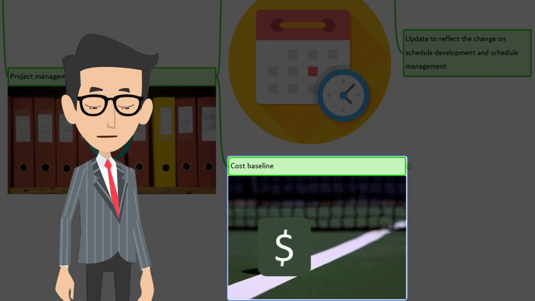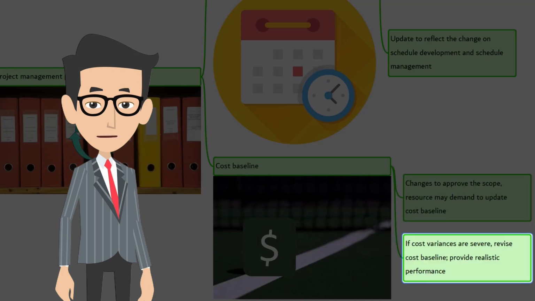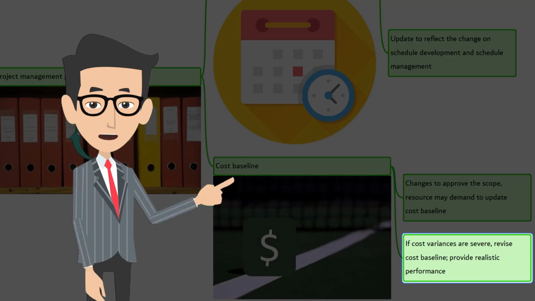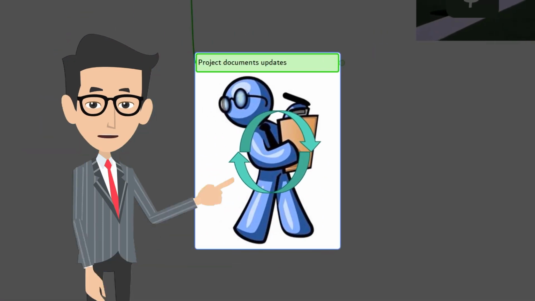The next one is cost baseline. Changes to the cost baseline are incorporated in response to approved changes in scope, resource, or cost estimates. In some cases, cost variance can be so severe that it demands a revised cost baseline to provide a realistic basis for performance measurements.